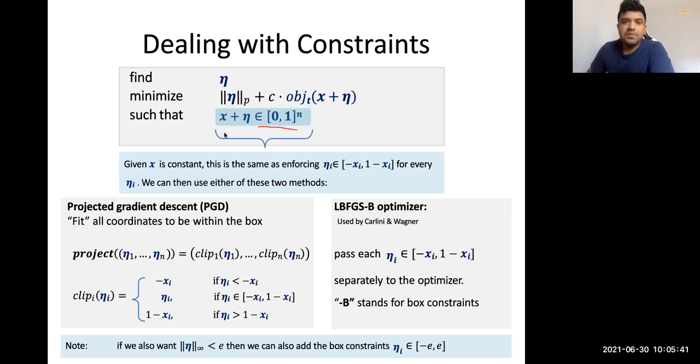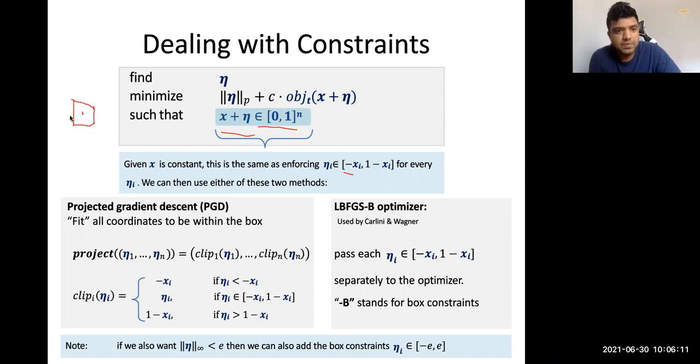This function, given x is a constant, we can rewrite as eta is between negative xi and 1 minus xi, so two ends of our bounds. For example, it would be like this: if this is our point, sorry, excuse my drawing, this would be our bounding region.